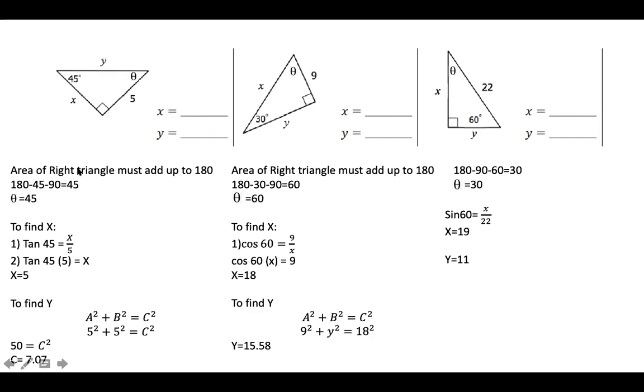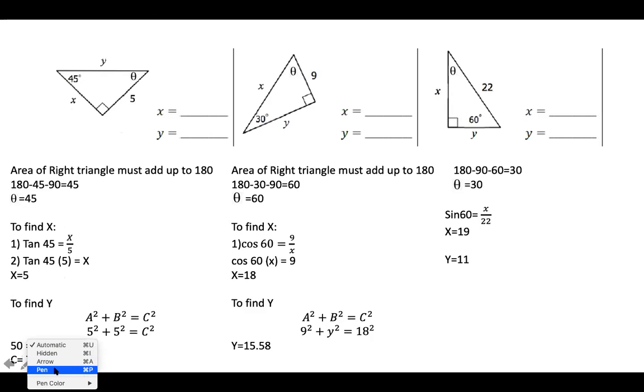So in my calculator, all I type up is tangent of 45, because I originally found out what this angle is. So tangent of 45 is equal to opposite, which is x, over adjacent, which is 5. And then I simply solve for x, and I get a value of 5. So x is equal to 5.